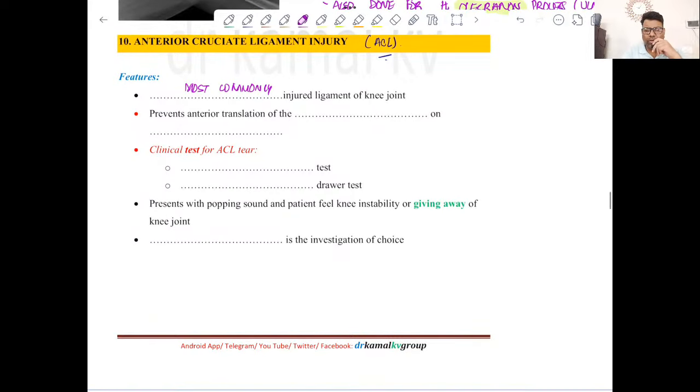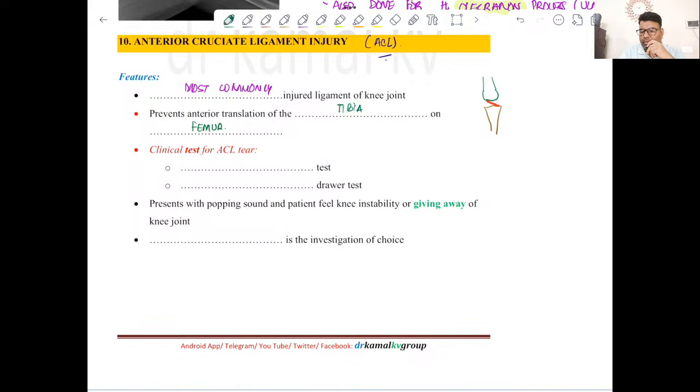And the function of the anterior cruciate ligament is to prevent anterior movement or anterior translation of the tibia over the femur, right? Suppose this is the lower end of the femur and this is, say, the tibia, and this is the ACL.